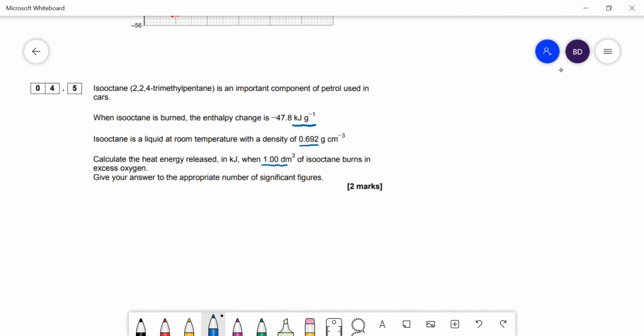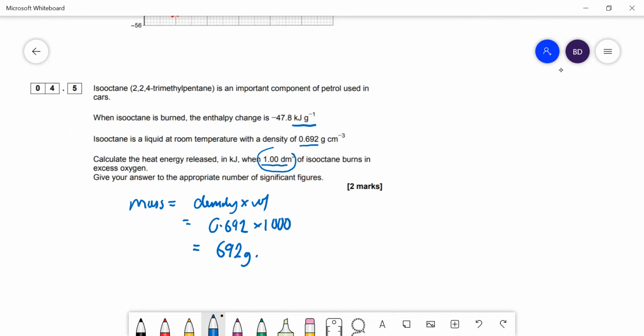So we need to work out the mass of isooctane. Mass is equal to density times volume. The density is 0.692 gram per centimeter cubed. We've got 1 dm cubed, that's 1,000 centimeters cubed, so times by 1,000, that's the volume, 692 grams.